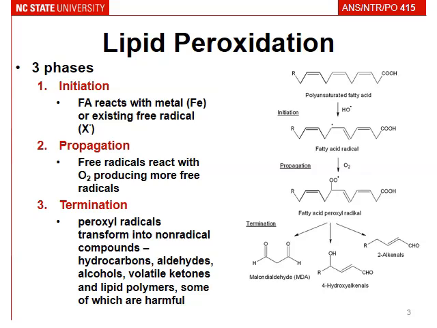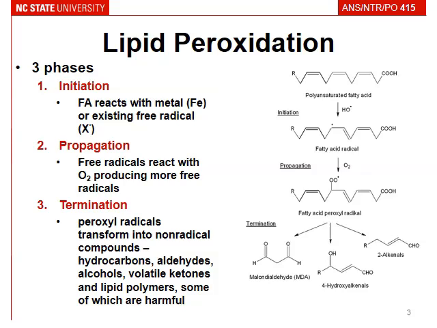So there are three phases to lipid peroxidation. Our first phase is initiation, and this is where our fatty acid is interacting with a metal, usually iron, which is one of the more common ones, or an existing free radical.